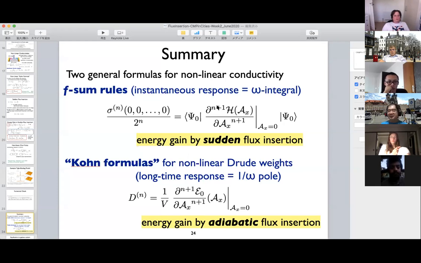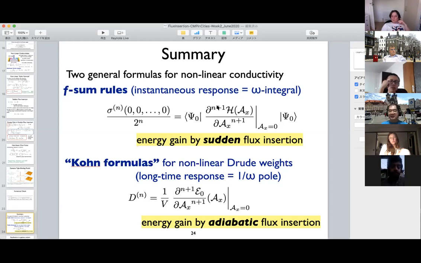But in the F-sum rule, you have the Hamiltonian as an operator, which depends on the flux or vector potential. Then you take the derivative with respect to the vector potential for this Hamiltonian as an operator. Then after that, you take the expectation value with respect to the original ground state. So these two formulas look very similar, but are rather different.